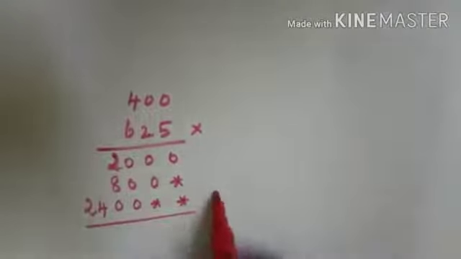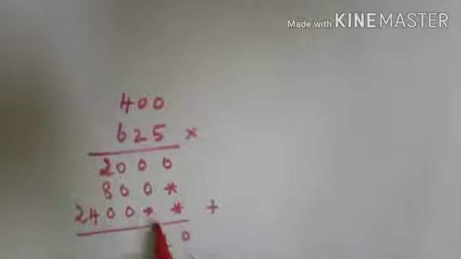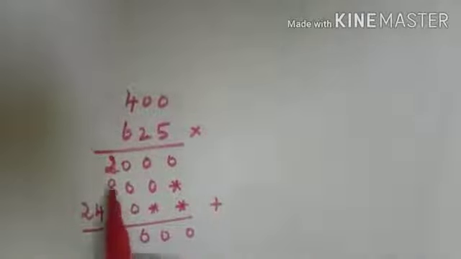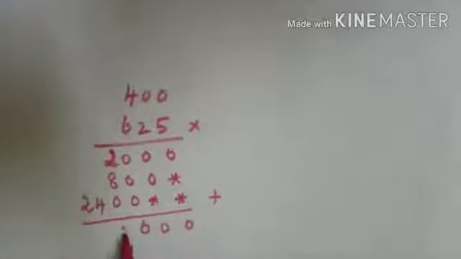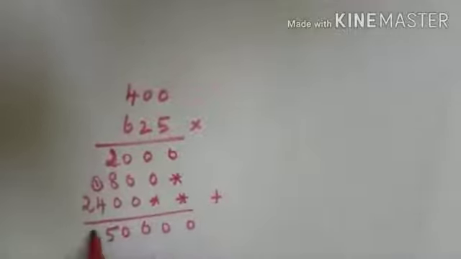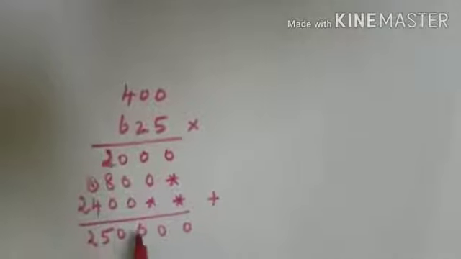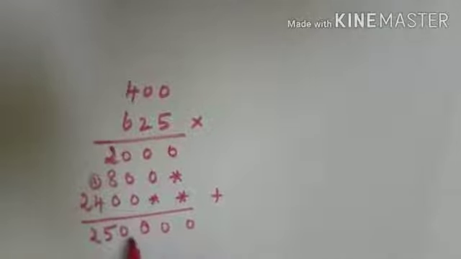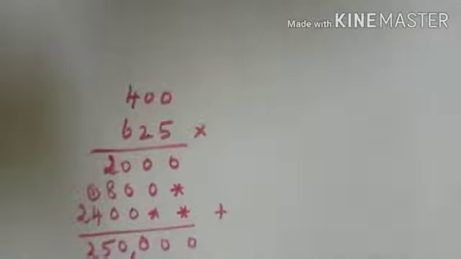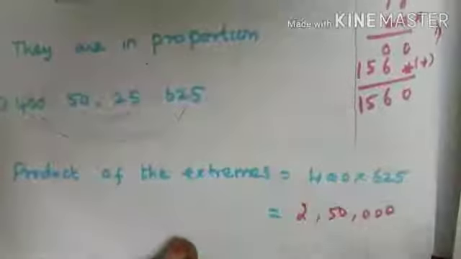Now we are going to add this. 0 plus 0, 0. 0 plus 0 plus 0, 0. 2 plus 8 plus 0, that is 10. 1 we are putting here, and 4 plus 1, 5. And here 2. Therefore the number is 2,50,000.